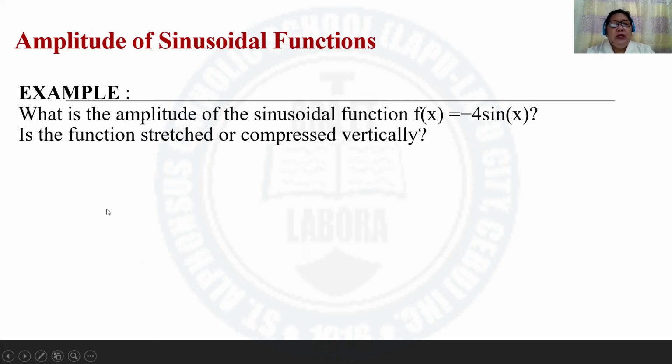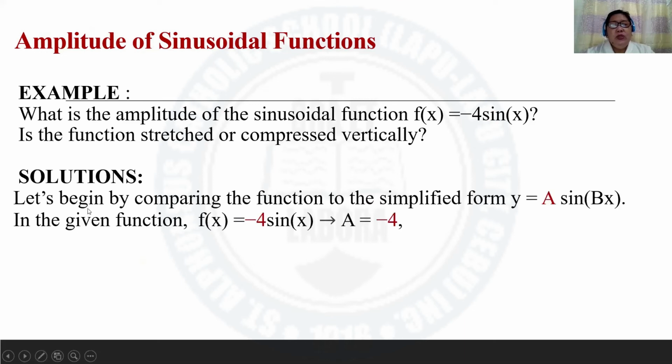For example, what is the amplitude of the sinusoidal function f of x is equal to negative 4 sine x? Is the function stretched or compressed vertically? For the solutions, let's begin by comparing the function to the simplified form y is equal to a sine bx. So the given function is f of x is equal to negative 4 sine x.